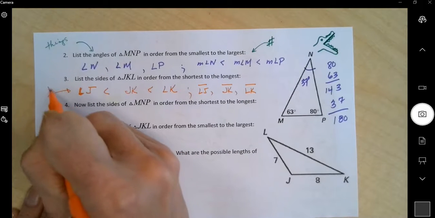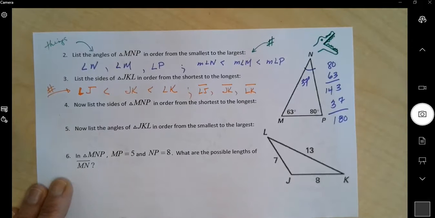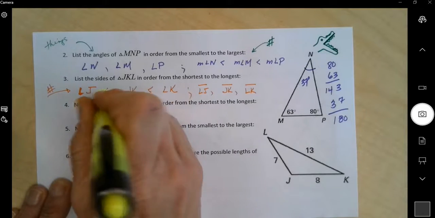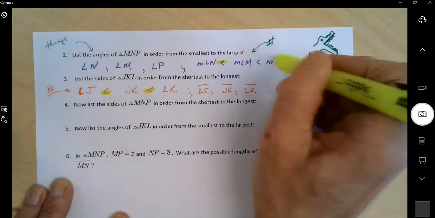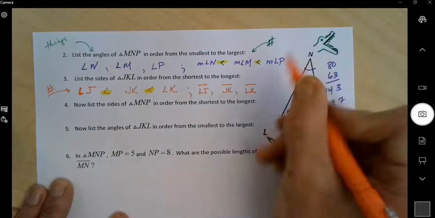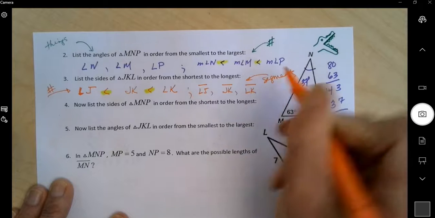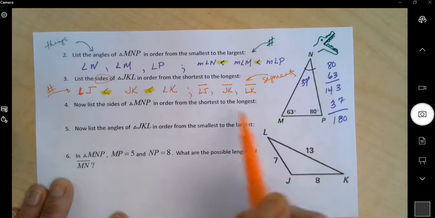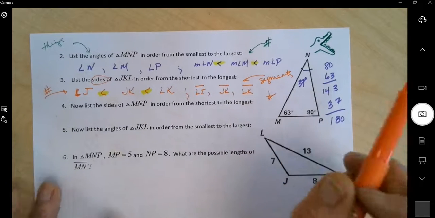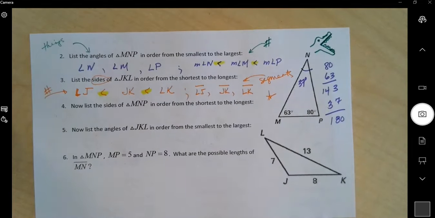These are my numbers, my numerical values, which is why I can use my inequality signs. And these are my segments. So if it says list the sides, this is actually the better answer, but I'll accept the other.